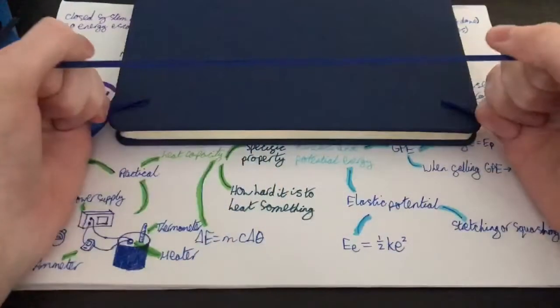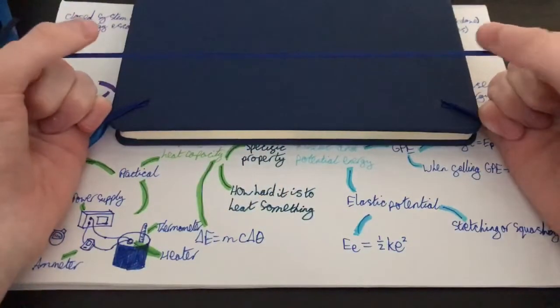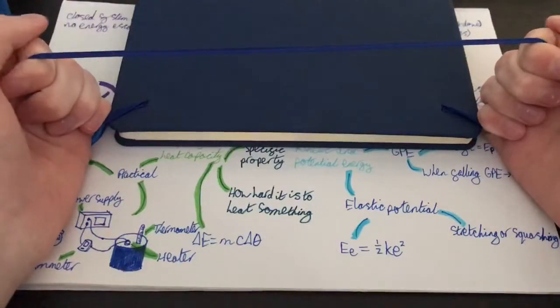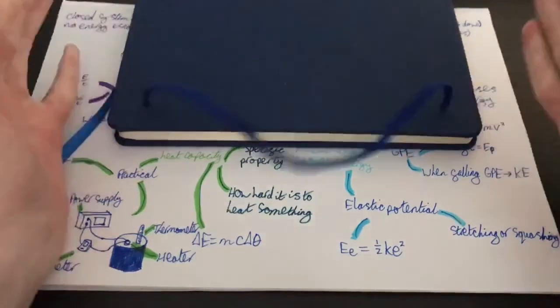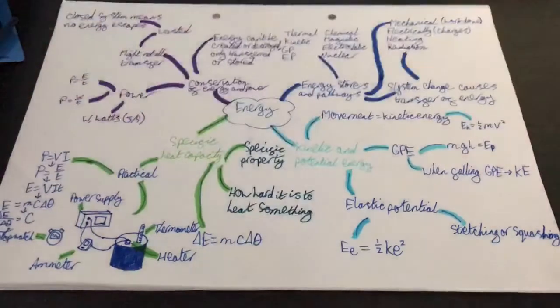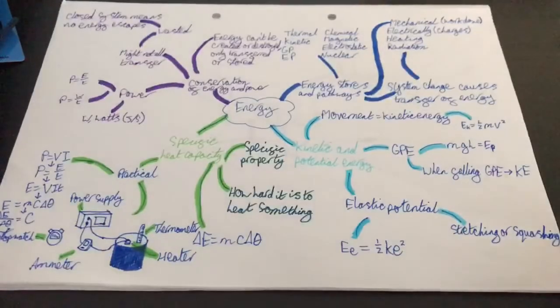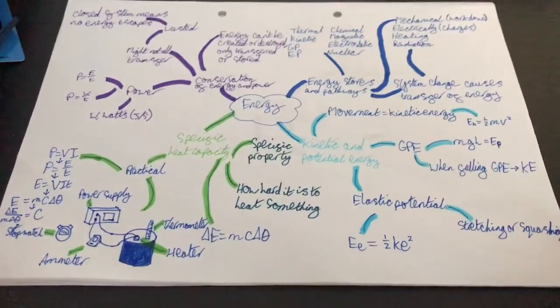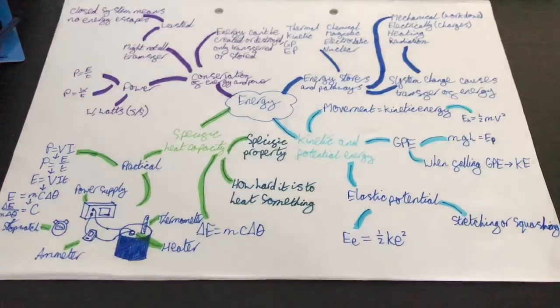When I stretch it like that, it has a high elastic potential energy. And then when I let go, the elastic potential energy is gone because it's transferred into the kinetic store and the various other ones as well.